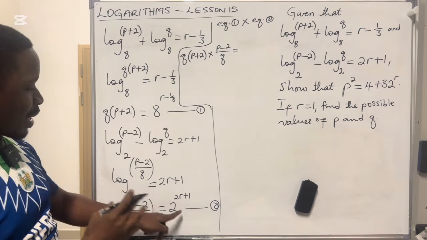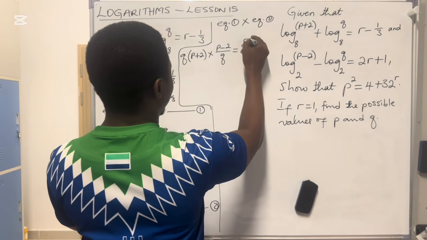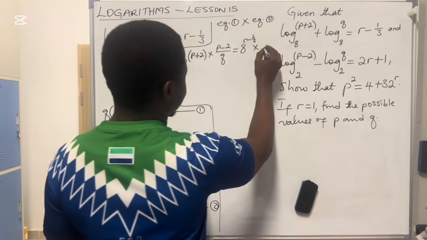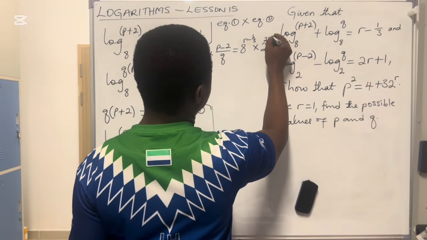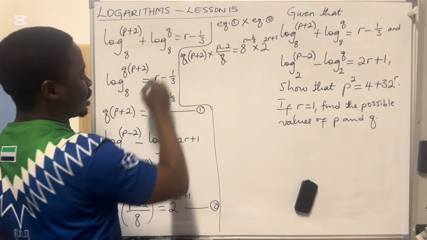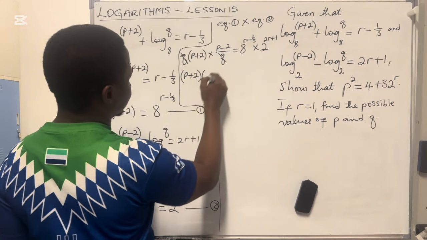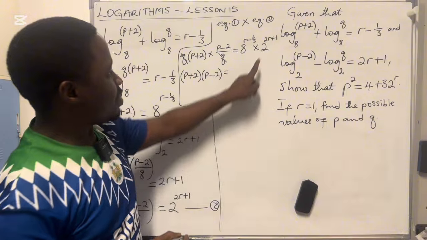The right multiplies the right. 8 to the power r minus 1/3 times the right here, which is 2 to the power 2r plus 1. So this q takes away this q. So we are left with p plus 2 times p minus 2.